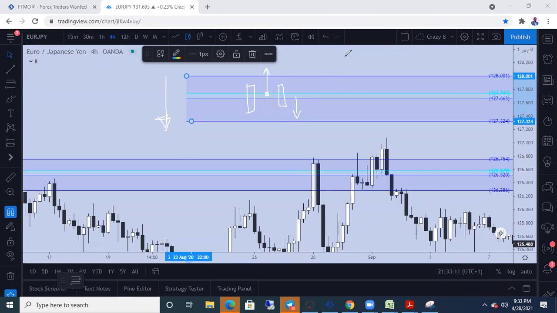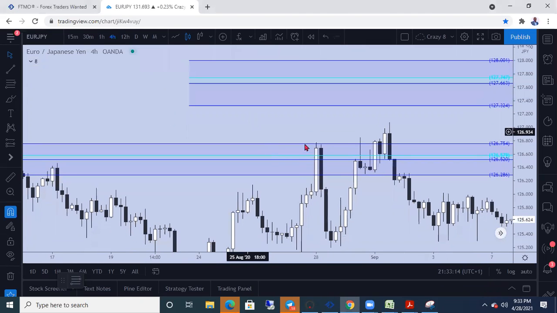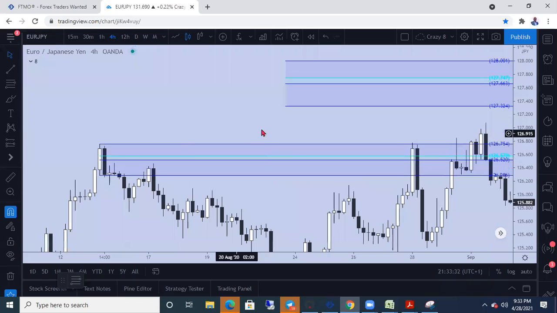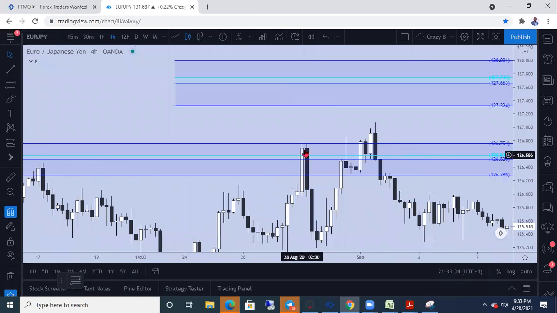So let's see how we play that with what we have here. So let's say initially we had this drawn out. Price went and closed above. Once price closes above, we will be anticipating that there's a tendency that price wants to continue to go up. So our sell bias has been invalidated, and we are now anticipating buys.